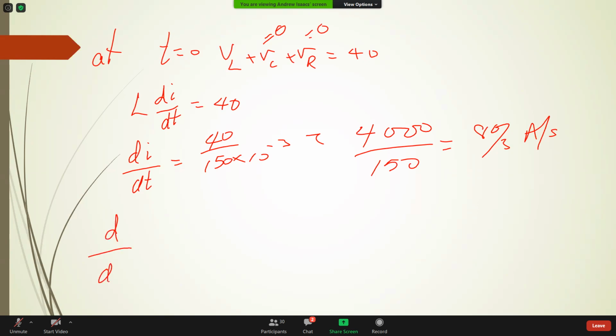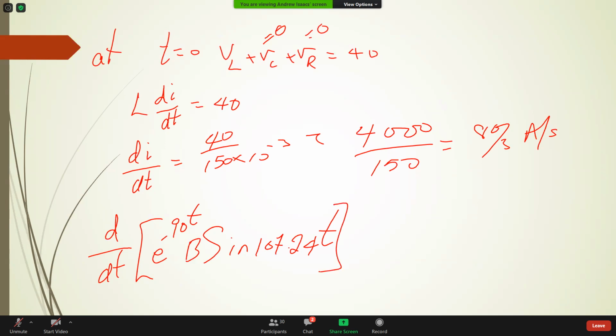So we now know that, so we can now differentiate. So we can find d/dt of I, and we know that I was e to the minus 90t sine 107.24t. And when you differentiate that, it must be equal to 80 over 3.